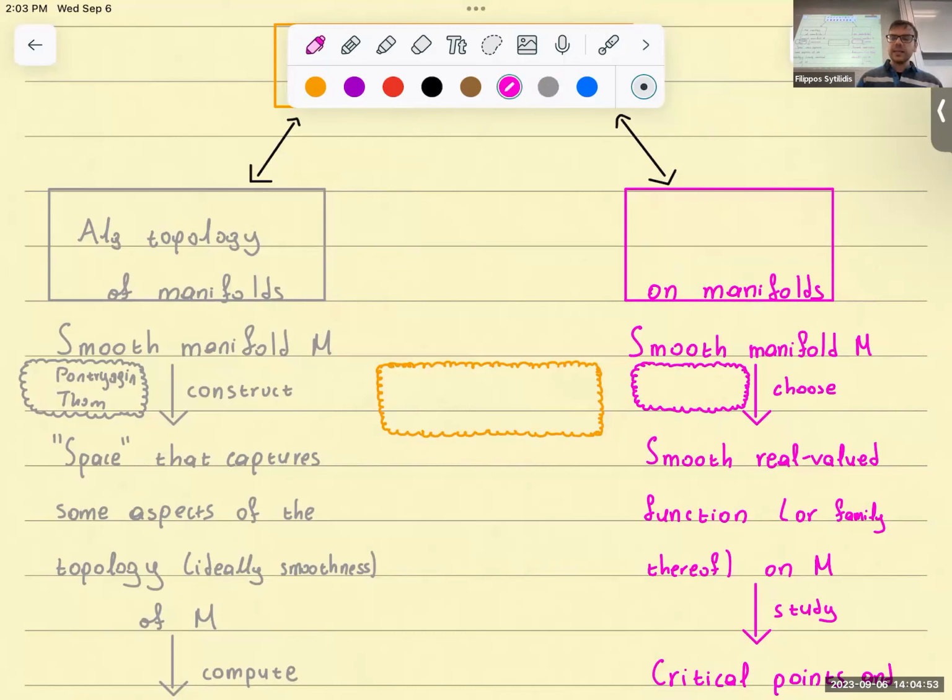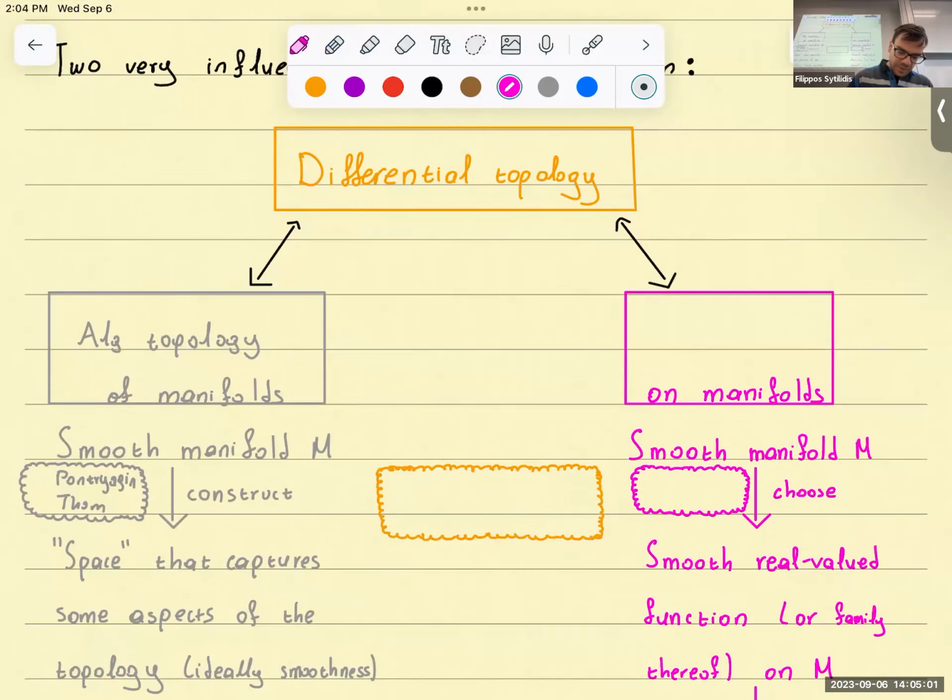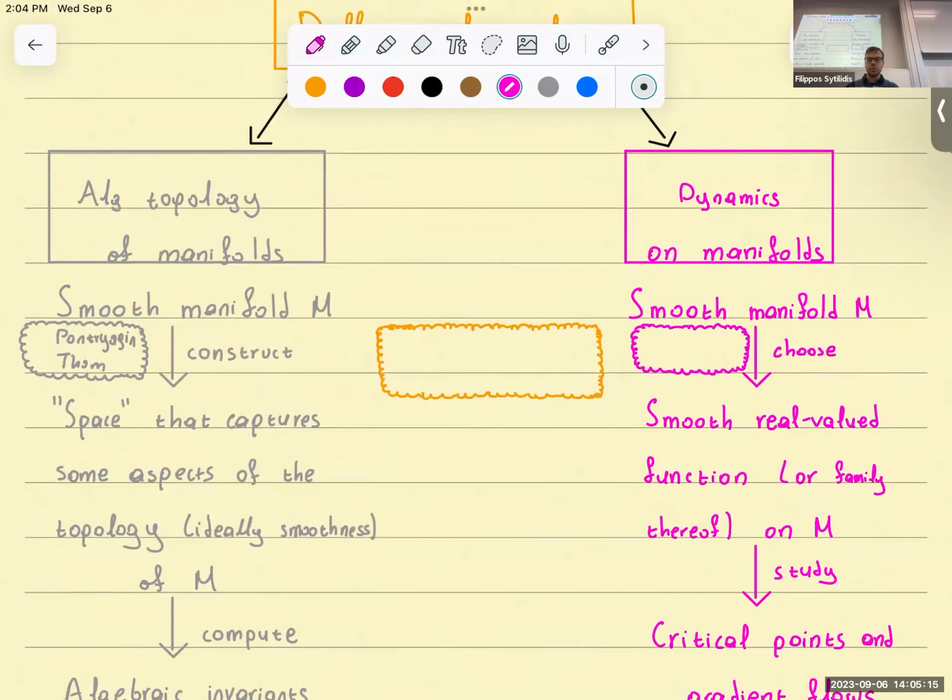The other interplay, which we're really going to try and focus on quite a lot, is maybe something that I can vaguely say is an interplay between differential topology and dynamics on manifolds. So how that would go is we start again with a smooth manifold M, and now we choose some data.